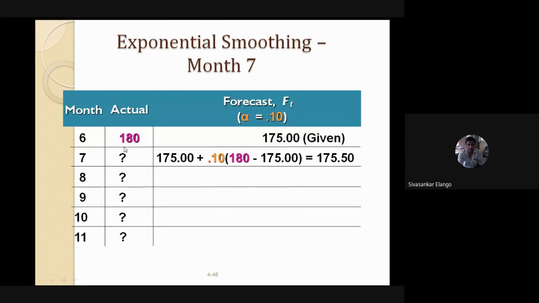The actual sales was 180, whereas the forecasted value was 175. So the new forecast is going to be the forecast plus alpha times (actual minus forecast).